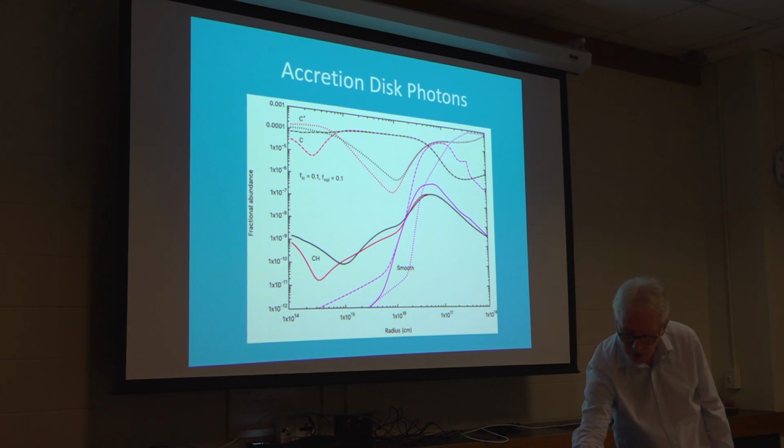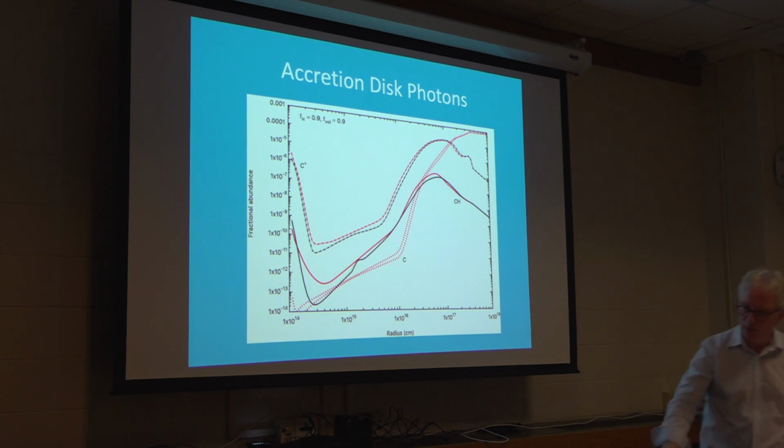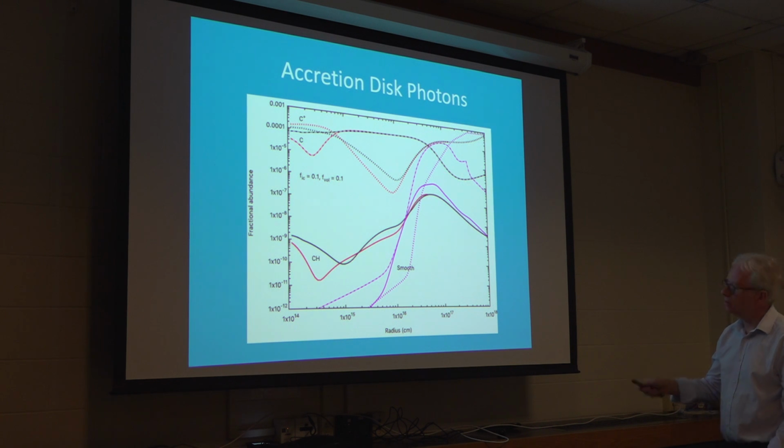But as I said, they're very sensitive to parameters. If I make the flows look more like a uniform flow, more like a smooth flow, then you see the distributions of atomic carbon and carbon plus look more like they do in the smooth case in the other regions.